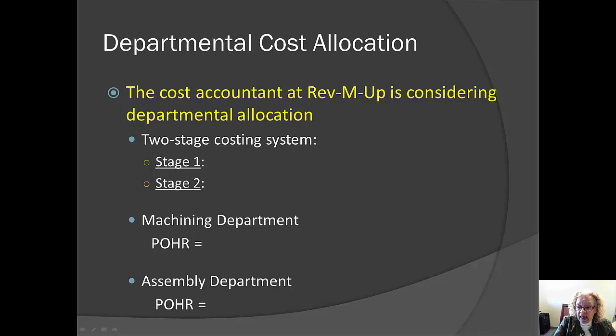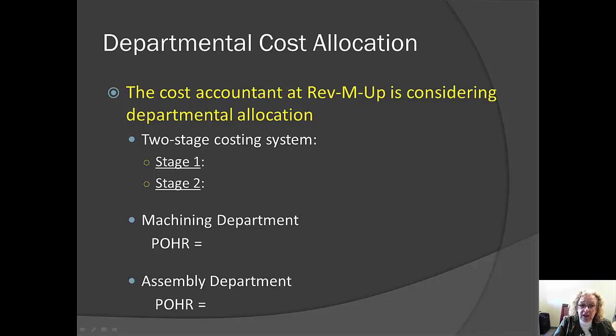The idea is that the different departments have different cost drivers, and because of that, it might be important to assign machine department costs in a different way from assembly department costs.